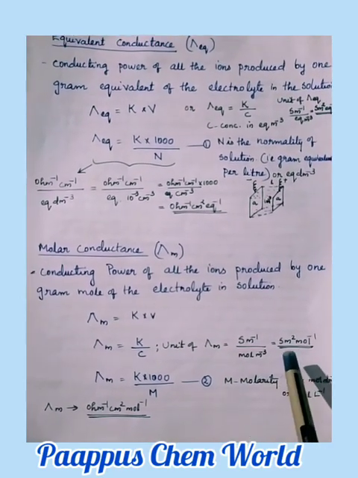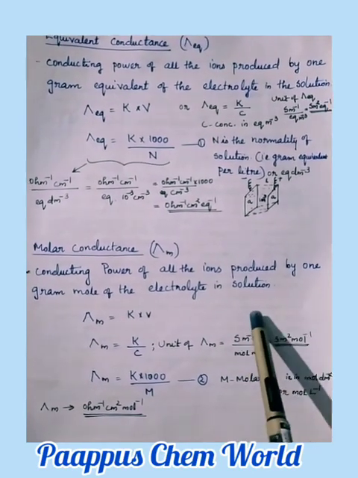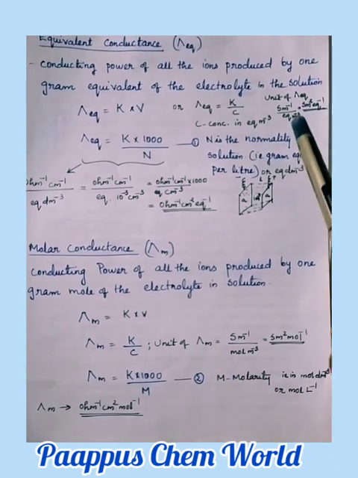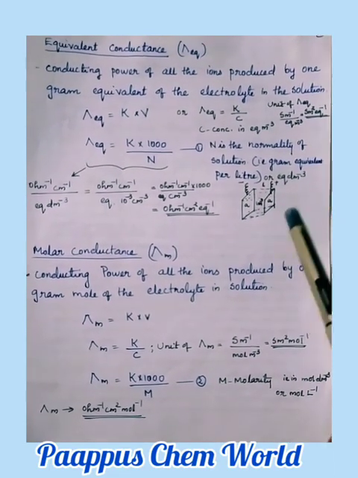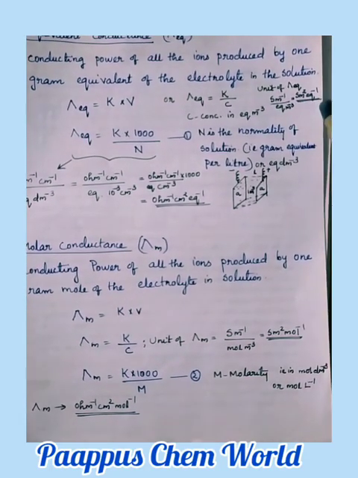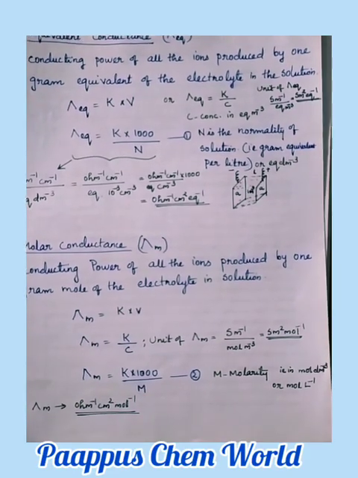The unit is Siemens meter square mole raised to minus 1, as shown in equivalent conductance. The only difference is that in equivalent conductance, it is Siemens meter square equivalent raised to minus 1. Why does it become equivalent raised to minus 1?